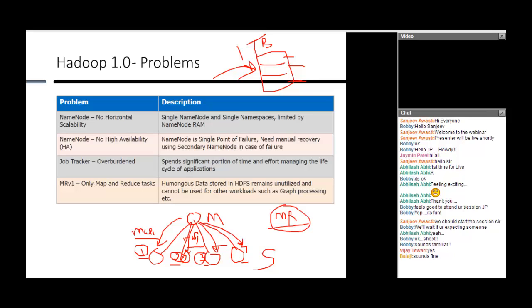Once it gets executed on the different nodes, it will generate the intermediate output. Let's say output 1 gets stored here, output 2 gets stored here, output 3 gets stored on the third node, like that. These are called intermediate outputs. But the client is not interested in knowing the intermediate output, right? He wants to process this entire data and generate the final output. So the master node will aggregate all this intermediate output data and send it to, let's say, one of the nodes where the reducer is running.